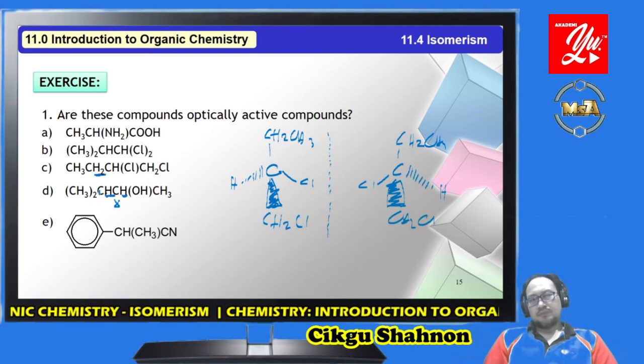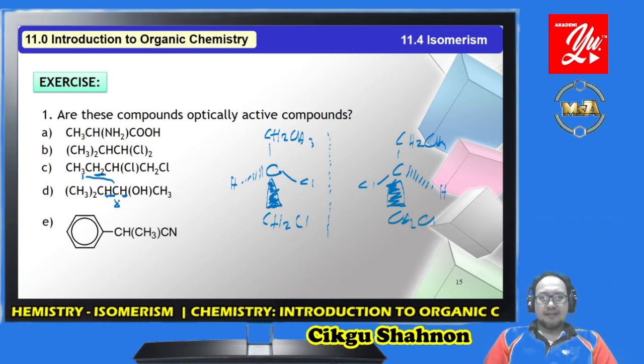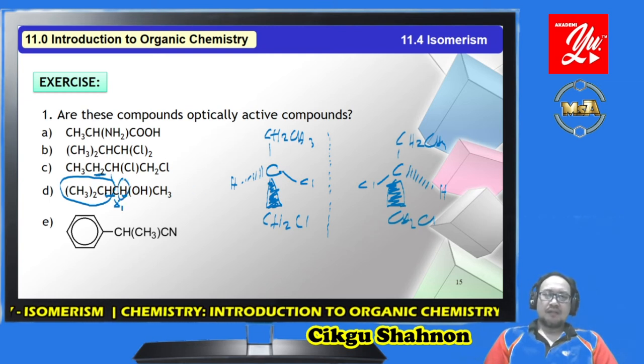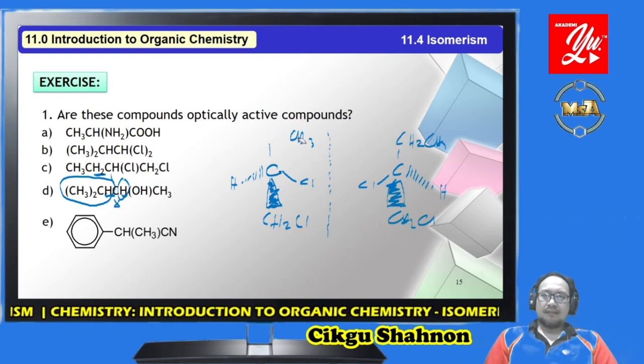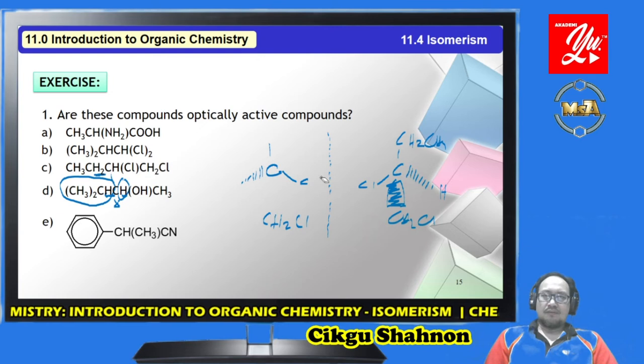One, two, three. Okay, yeah. This one is H. Yeah, this is also... it has a chirality center. Let me draw the structure.